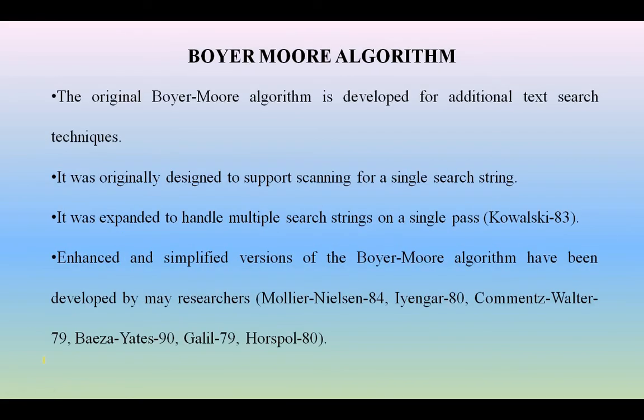The Boyer-Moore algorithm was developed to cover additional text searching techniques. Originally designed to support scanning of a single search string, it was then extended to handle multiple search strings in a single pass.